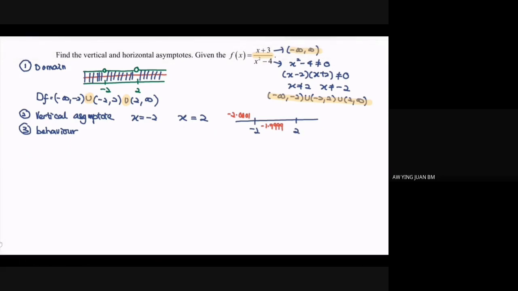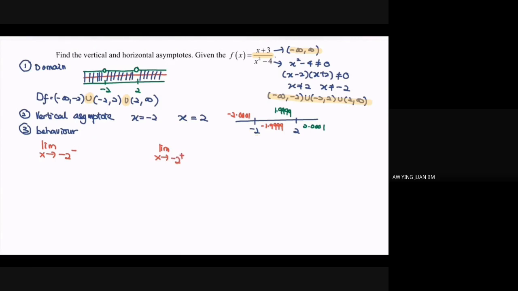As for the 2, from the left, we will have 1.9999. As from the right, we will have 2.0001. This will be the suggested value. So now we are going to study the behavior. First, the limit when x approaches -2 from the left, and the limit when x approaches -2 from the right.